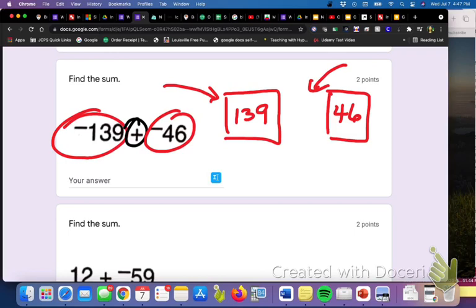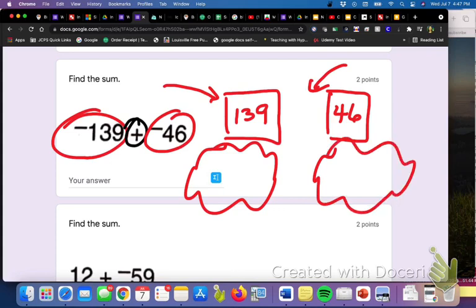Because they're both negative numbers, imagine we would add a pile of 139 negative chips here and a pile of 46 more negative chips here. So it's really just going to combine into one big pile of negatives, right? So we really just need to add those two numbers together.